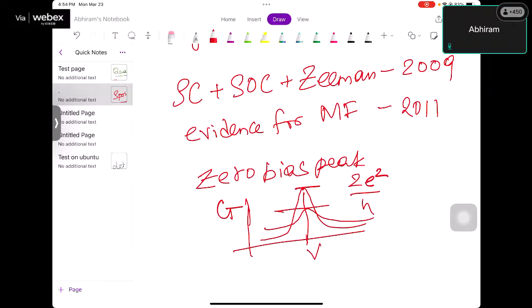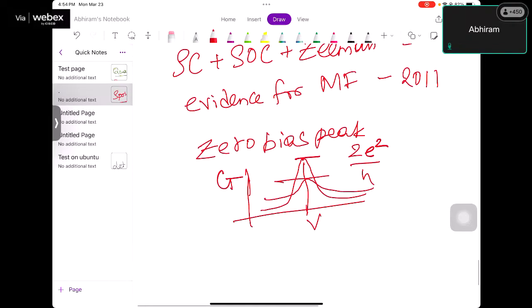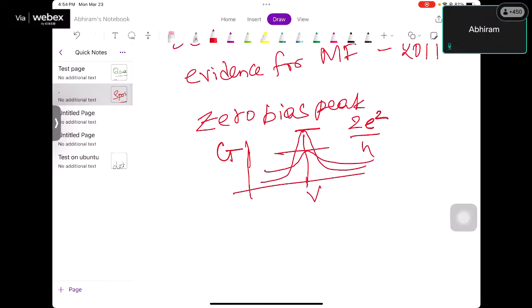Okay. Later there was a lot of controversy because one paper claimed that they saw a 2e square by h quantized conductance peak in these systems in a much better experiment. But then it was found that there were a lot of experimental errors, and the paper was retracted. So there was a lot of controversy around the Majorana fermion.